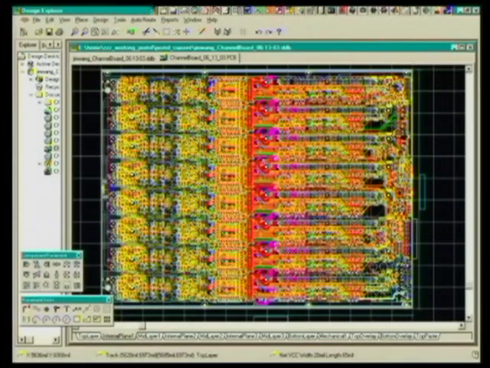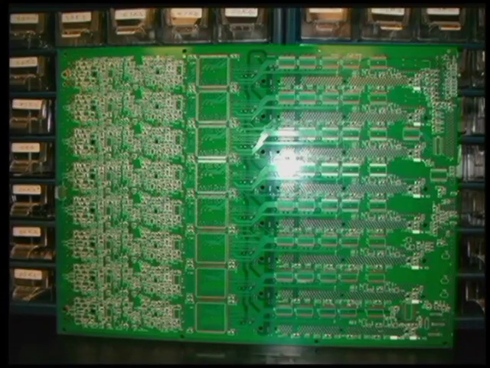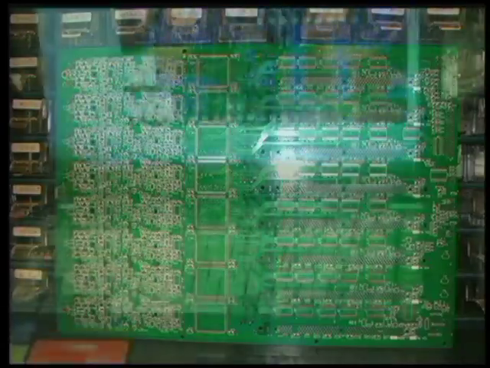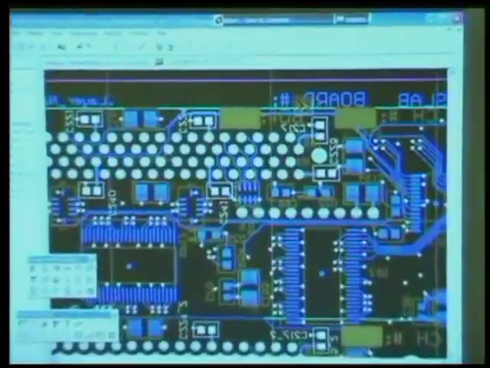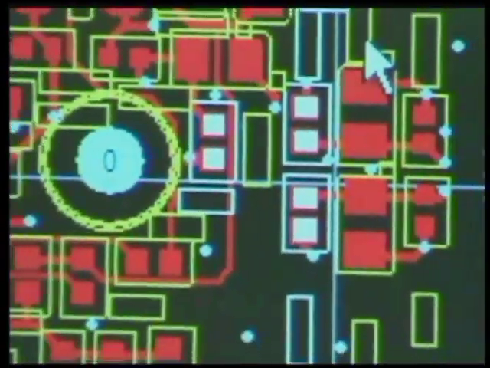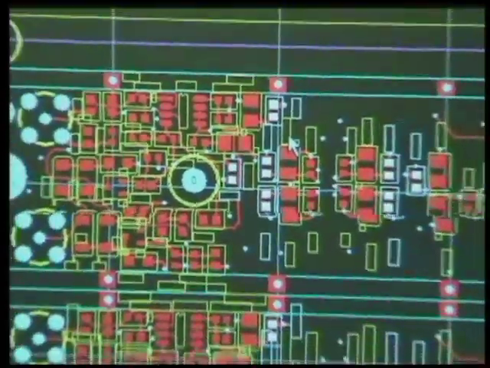This is an 8-layer board with 8 channels of receiver and transmitter. They are all surface mounted devices. Put them together.